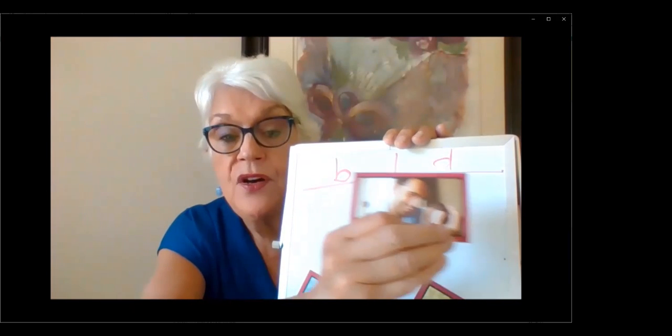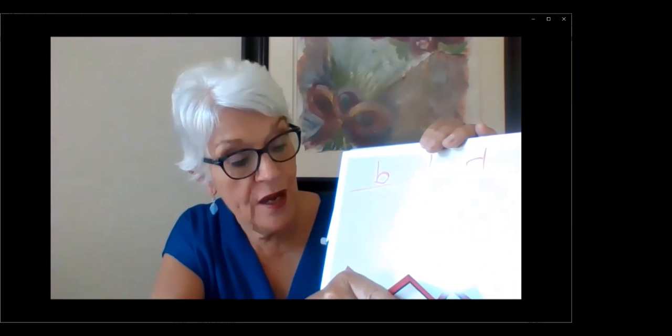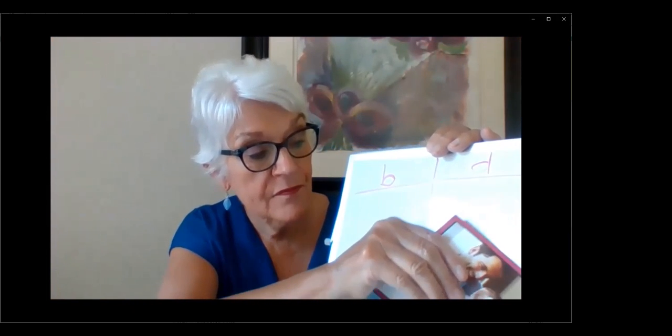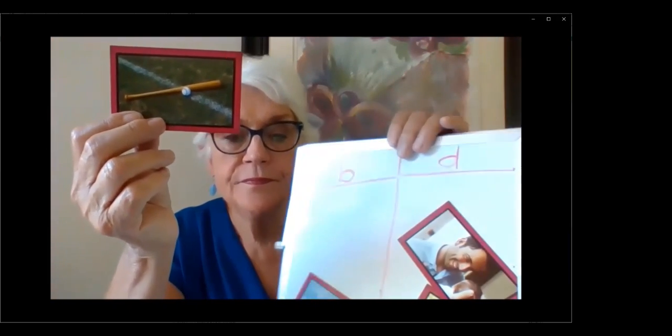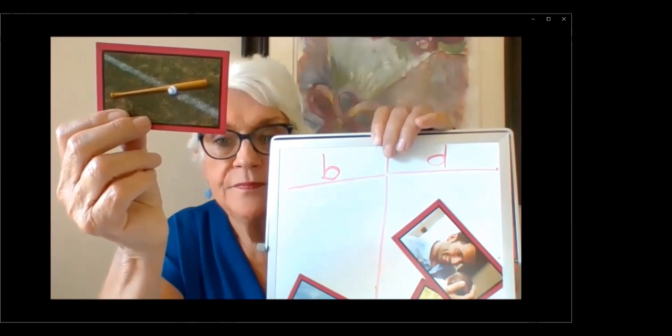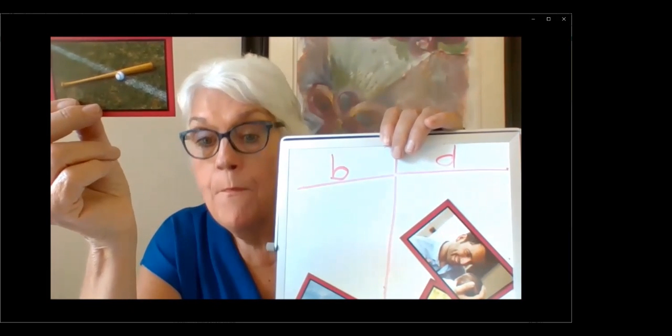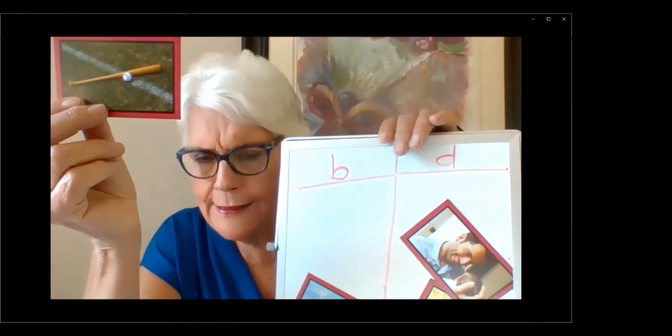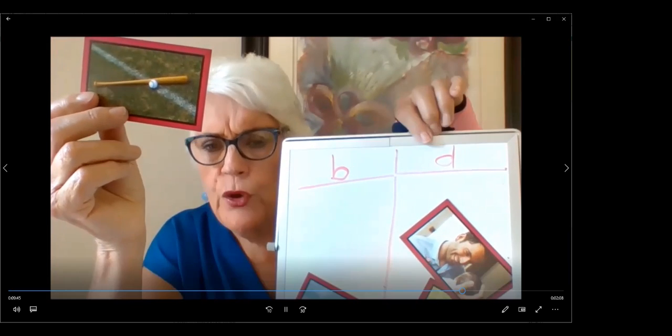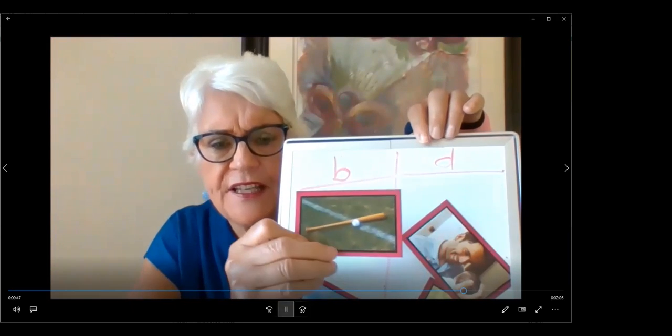And is it a B or a D? Did you hear the D for the D? You are right. What about this one? Excellent. I see you sang the word, listening for that first sound. Is there a D?